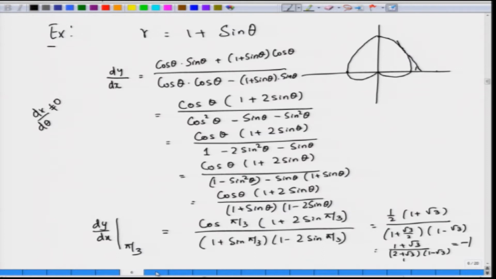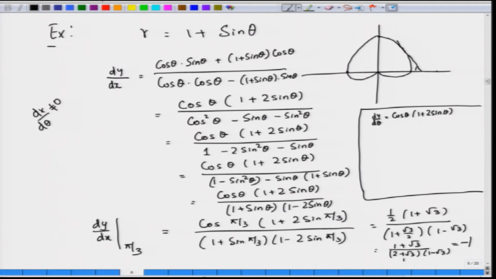We can go back to the slide here, and as you see, dy by d theta is equal to cos theta into 1 plus 2 sin theta.